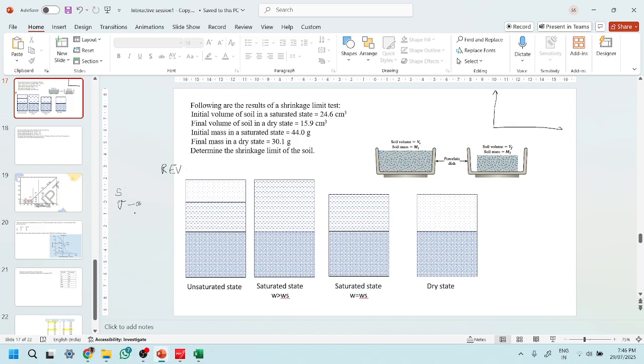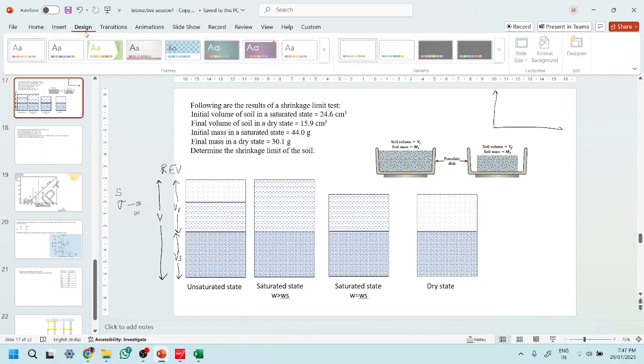Voids can be air voids or filled with water. This is the volume of solids. This is the volume of voids. This is the complete volume. Usually we take it as one when we are defining these relationships.